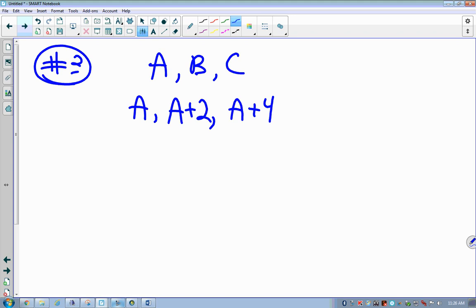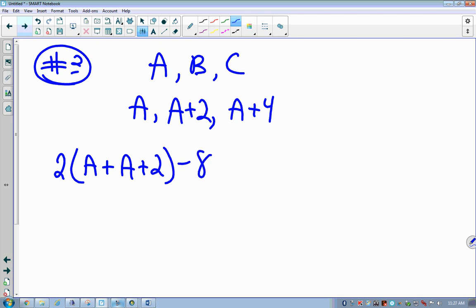Twice the sum of the first and the second. So 2 times the sum of the first and second, well, that would be A plus A plus 2. Sum of the first and the second is 8 more than, so we need to subtract 8 because we're too big.